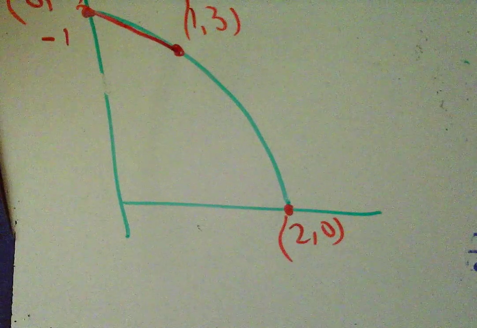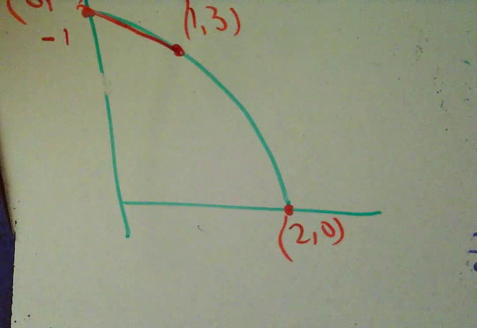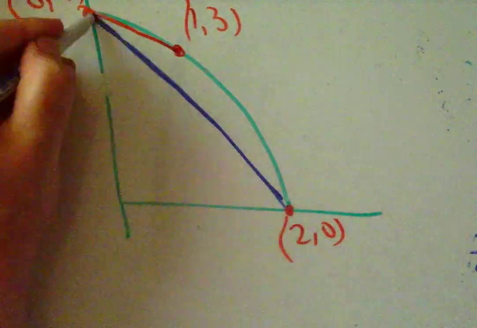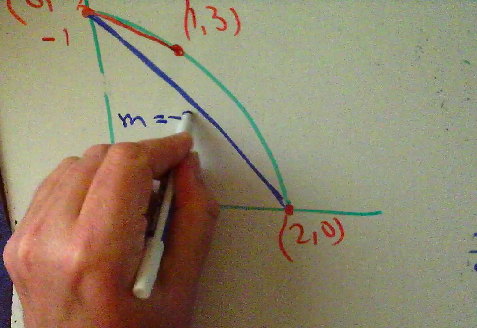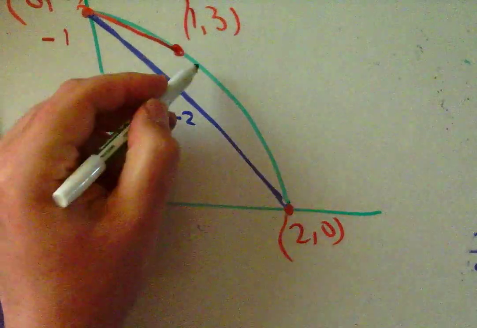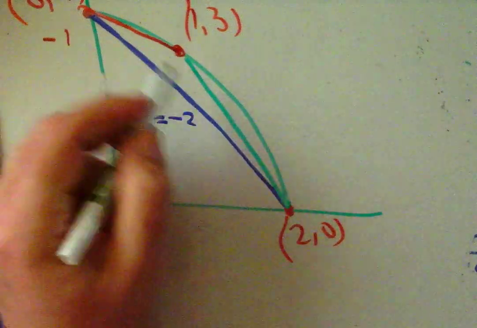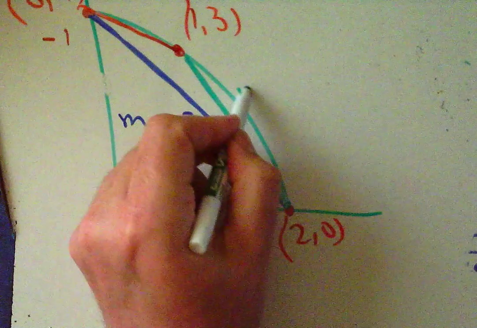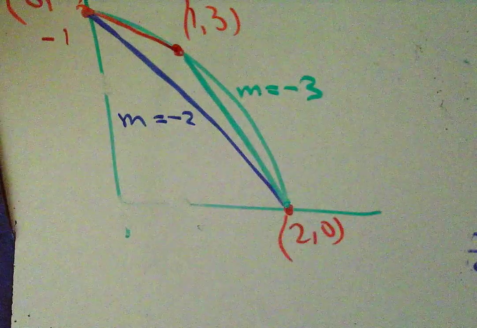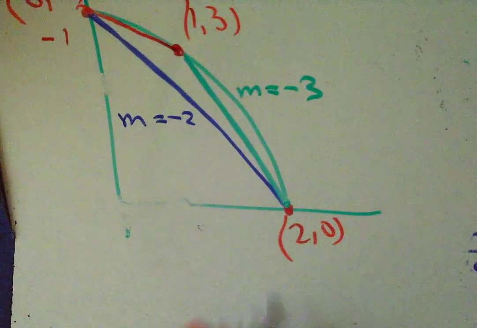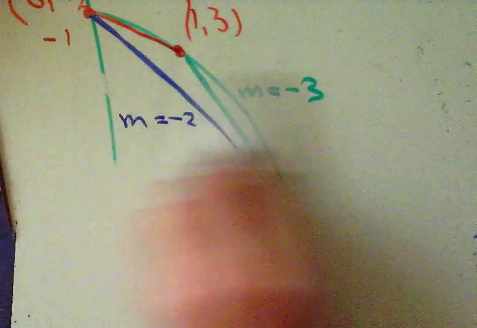And we said that the slope here, straight, was negative 2. And now we just found this slope here. And notice that this slope is more steeply negative than either of those. So it doesn't surprise me that that slope turns out to be negative 3. Okay, so average rate of change is just slope with units.